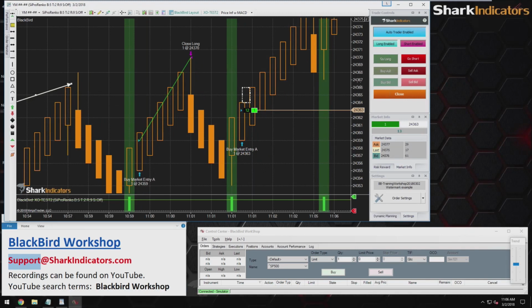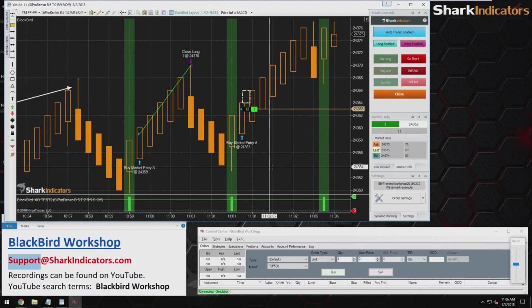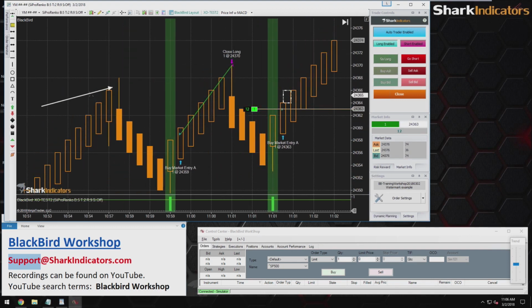Even down here, let's shrink this up a little bit. So there's the closing price. If you see bars where the wicks are always one tick lower, or the reversal bar wick is always one tick higher, that proves to you that price has to move at least one tick beyond the closing price of the bar before the bar closes.